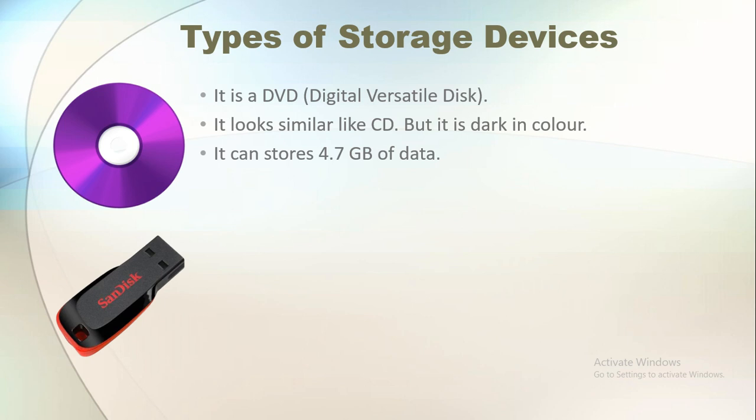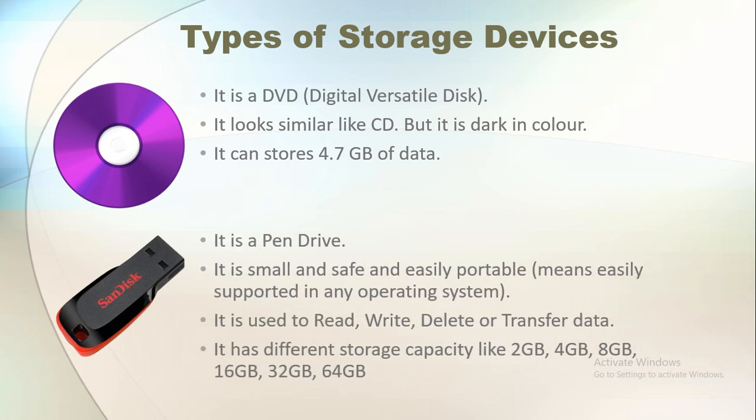Now comes pen drive. It is a small device and it is safe and portable. Portable means it is supported in any operating system. Okay? Whatever operating system it is, this device is supported everywhere. It is used to read, write, delete and transfer the data.